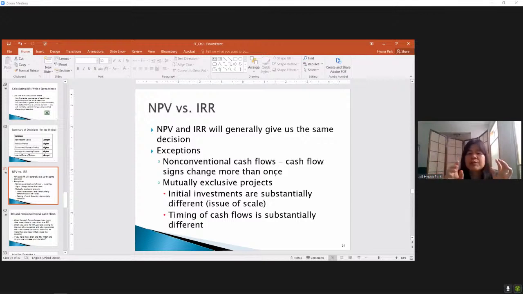Especially when we evaluate mutually exclusive projects, if two projects have significantly different initial investments, so the scale and timing of cash flow are substantially different, the problem caused by IRR will be huge. So these are called the issue of scale and the issue of timing in the evaluation of mutually exclusive projects using IRR.